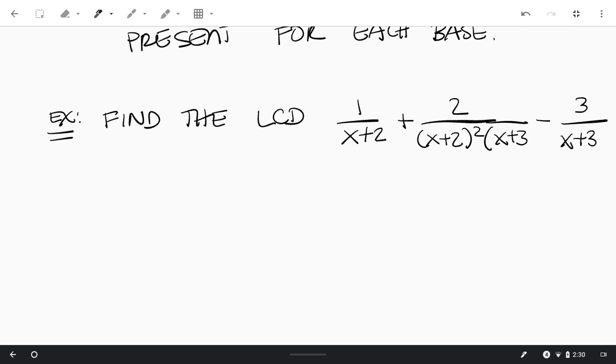Okay, so here I have it already factored for you guys, so no need to do the factoring. So we can jump to step 2, which says to list all the bases present.